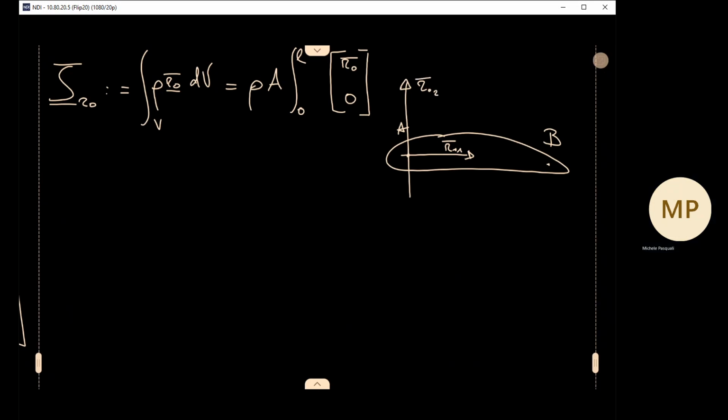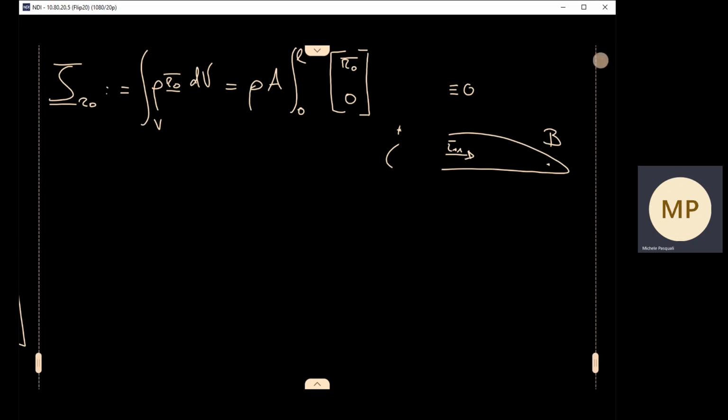But since this is a 1D model, the only independent coordinate which is left is R01, and R02 is identically 0, because it's a 1D element. So instead of writing R01, I just write R0 over bar, and R02 is 0.